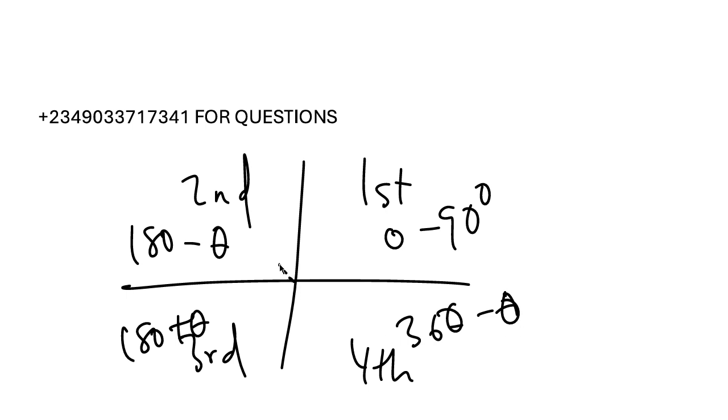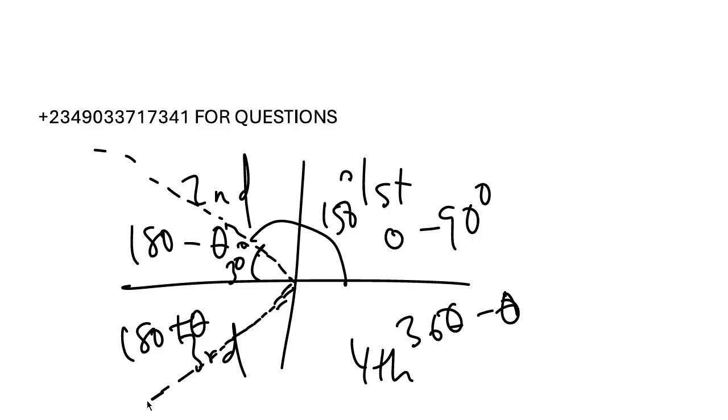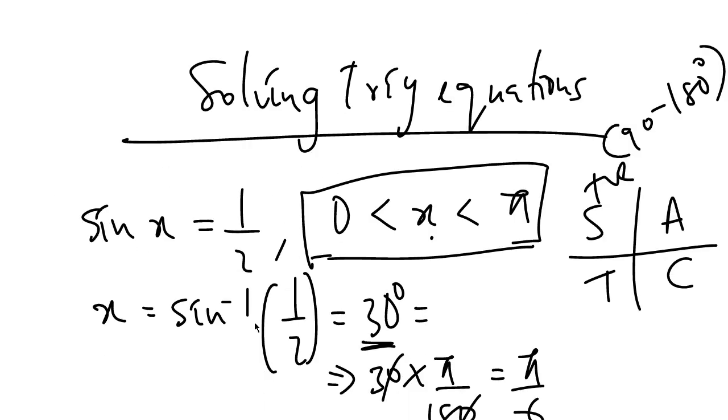Because we are trying to say that even though we should have that 30 degrees, it's possible, right? Here is 150, right? You get? And in this case, even though we have this, this is like this, right? So it's going to be 180 plus this theta. Do you understand? Okay, let's see how we can do that.